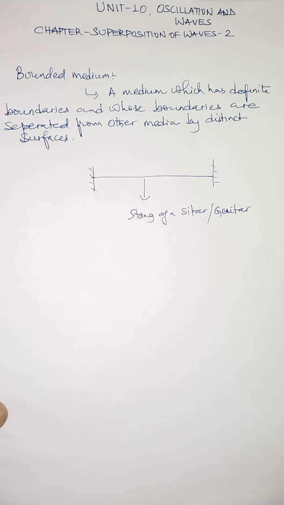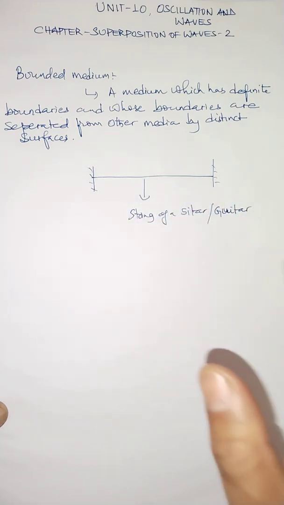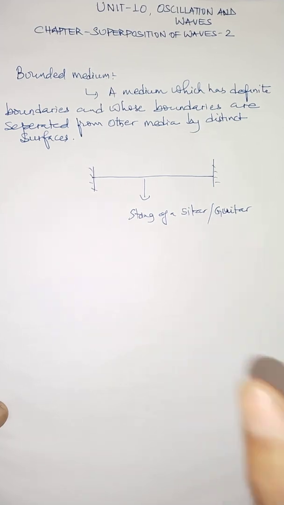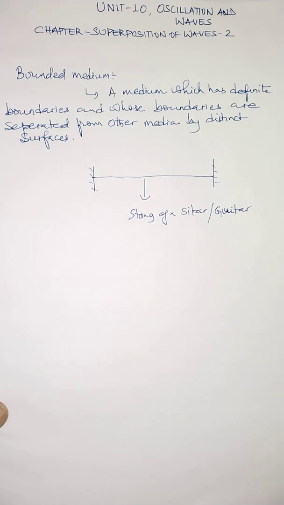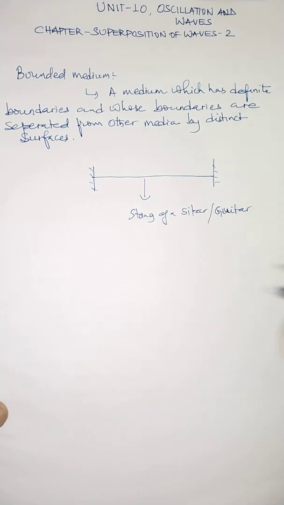These are all bounded media. When any of these musical instruments are sounded, notes of only certain definite frequencies are produced. That's why an instrument which produces sound of definite frequencies and has definite boundaries is taken as an example of a bounded medium.